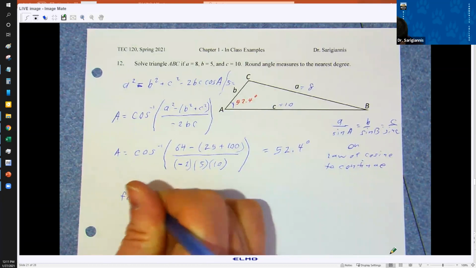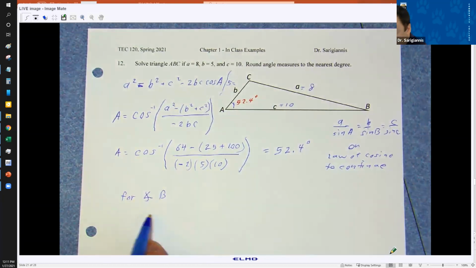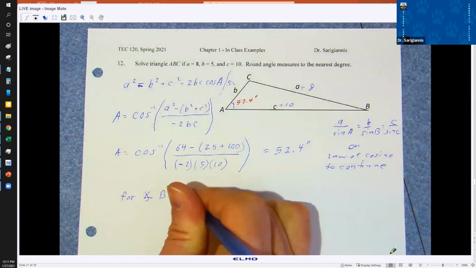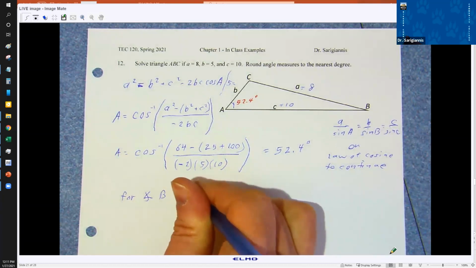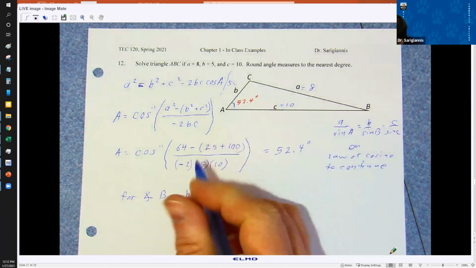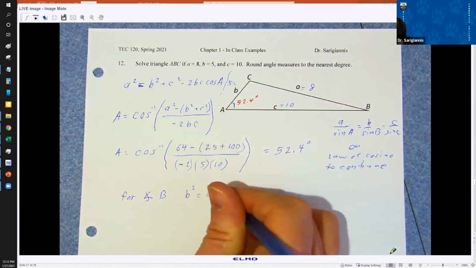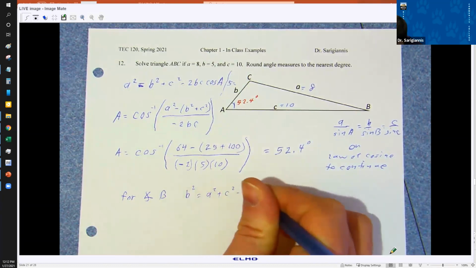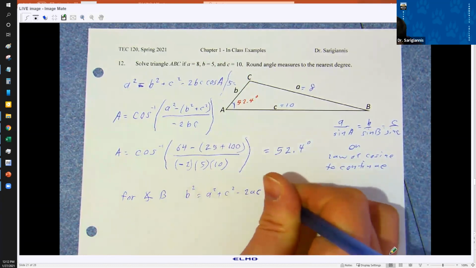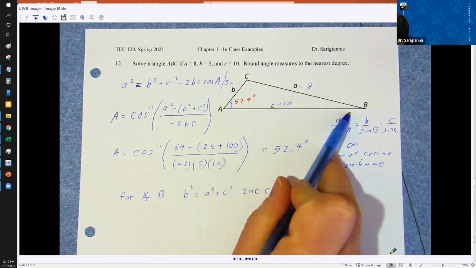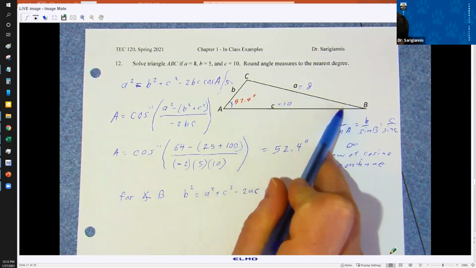For angle B, this is the angle symbol. So now I'm writing b squared equals a squared plus c squared minus 2ac. Remember, the law of cosines is for two sides and the angle between them.